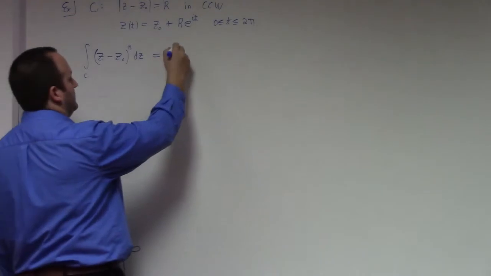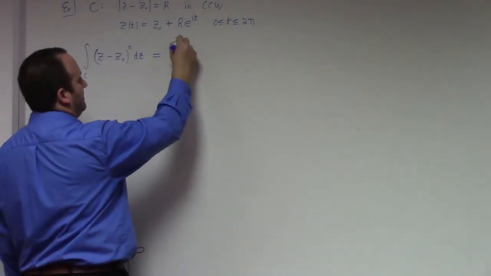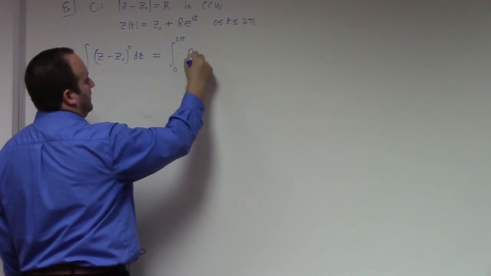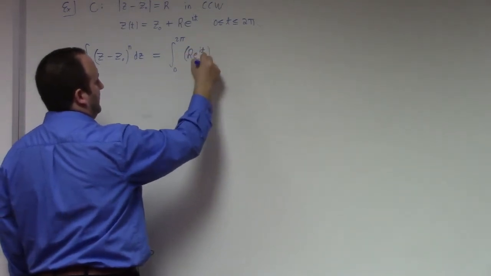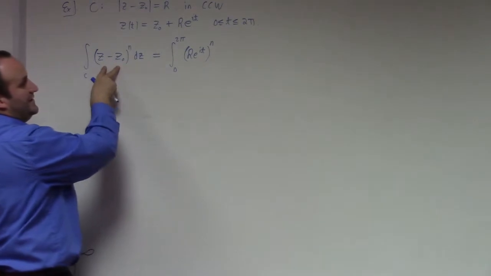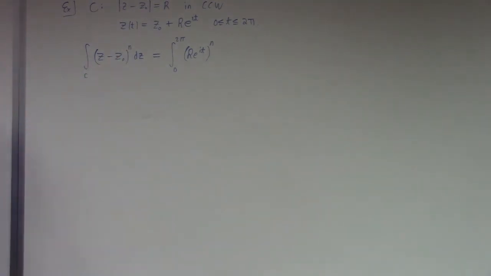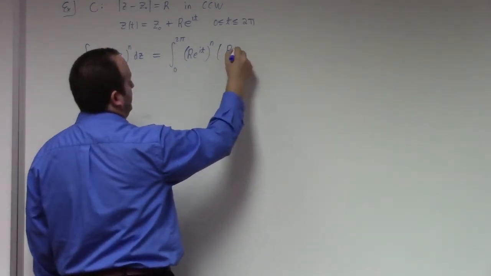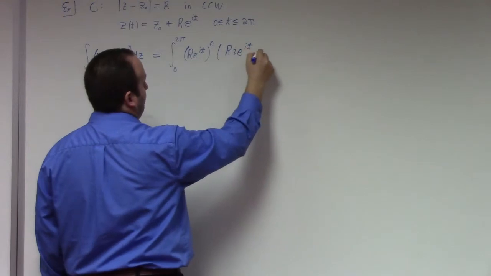It's the integral from 0 to 2 pi of r e to the it raised to the nth power, because z minus z naught is just r e to the it. What's dz? Well, dz is r i e to the it dt.